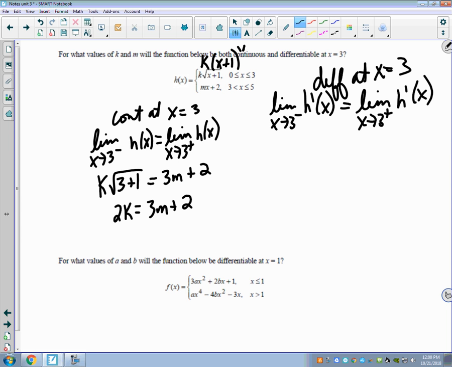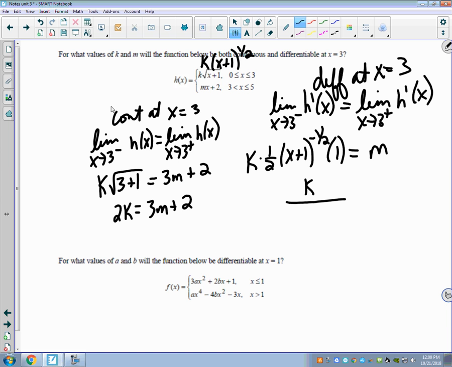Remember that k and m are constants, so just ignore that out there. So that would be k times x plus 1 to the 1/2. So the derivative of that would be k times 1/2 times x plus 1 to the negative 1/2. And again, even though it's chain rule, the derivative of the inside is just 1. And over here, the derivative of mx, like if it was 3x, the derivative is just 3. So the derivative of mx is just m.